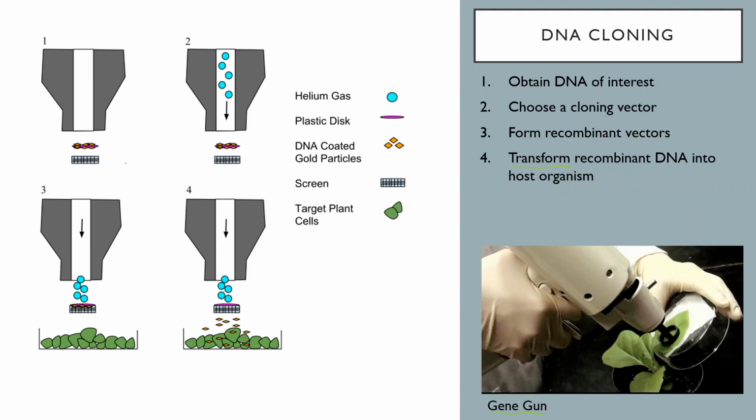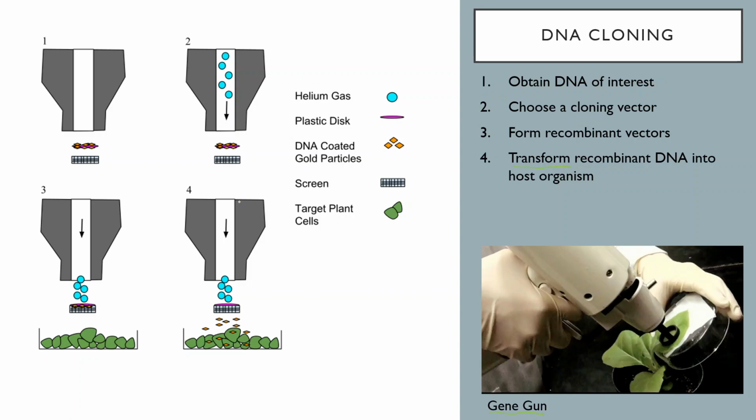And then above that, there's a little tube filled with helium gas, and then literally the device looks like a little gun, and you pull the trigger, and so a little puff of helium gas comes out and basically blows those DNA coated particles through the screen, and with enough force, some of the particles will actually puncture the cell wall of the cells and get into the cell.